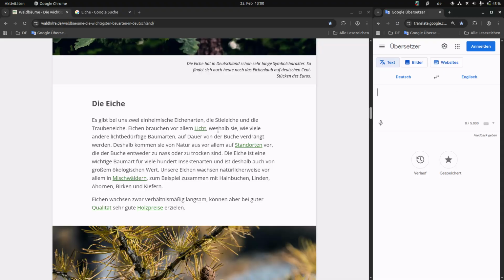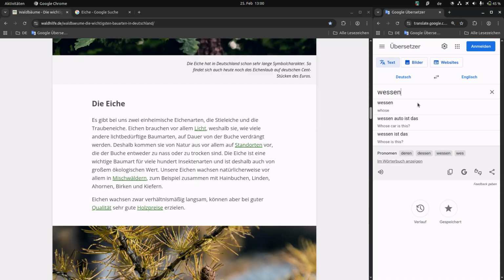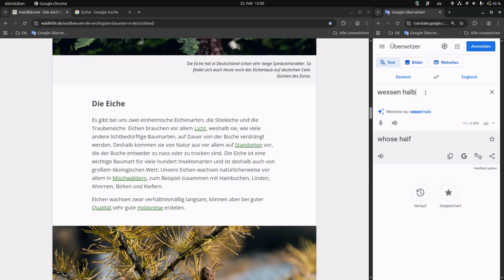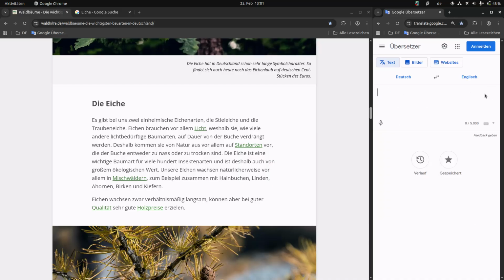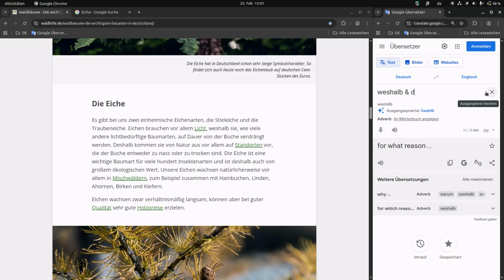Weshalb. This is basically wessen, whose, and then we have the word halb, so wessen halb, whose half. And weshalb doesn't necessarily have too much to do with this anymore, but you can kind of see, because halb is also in the words weshalb and deshalb.